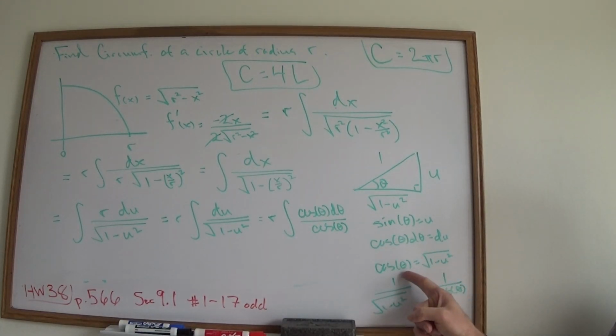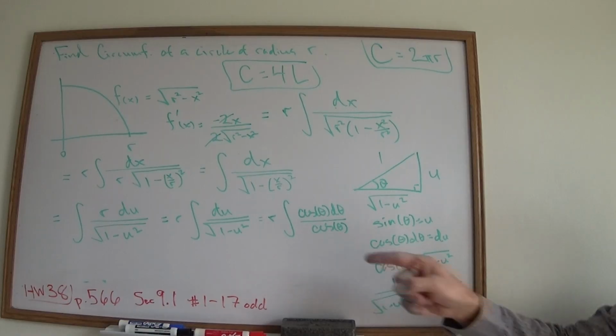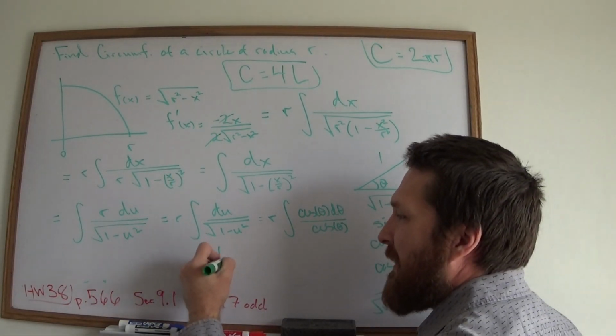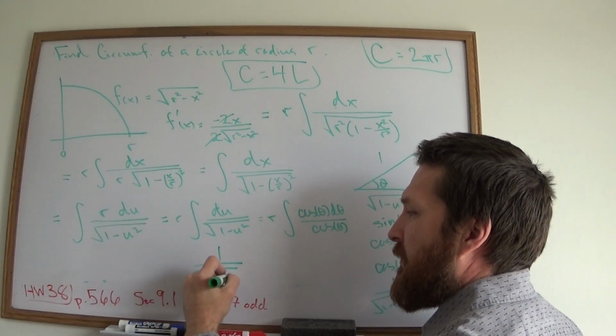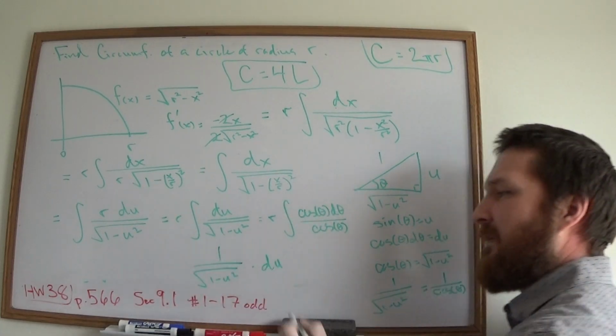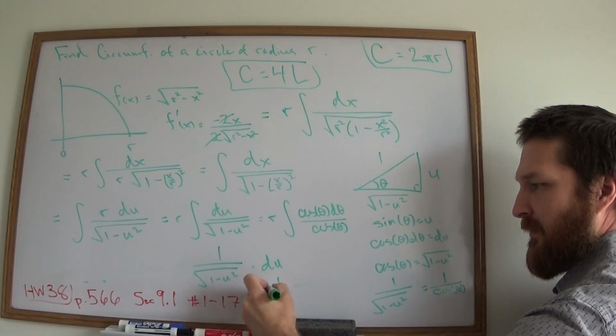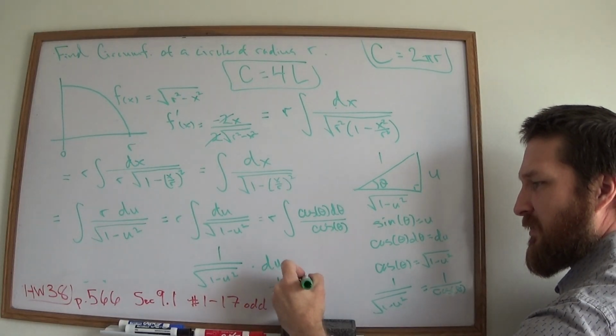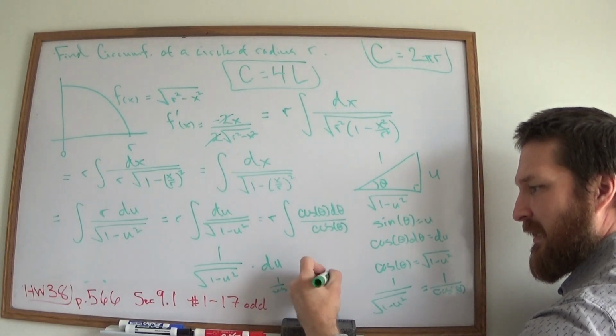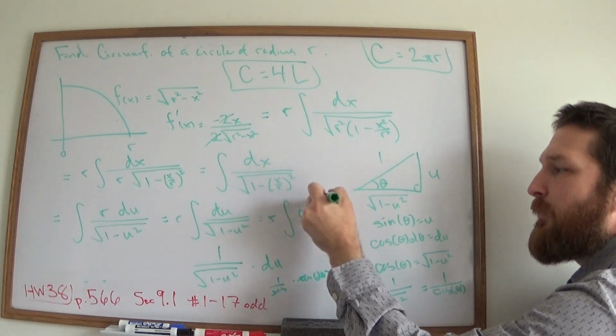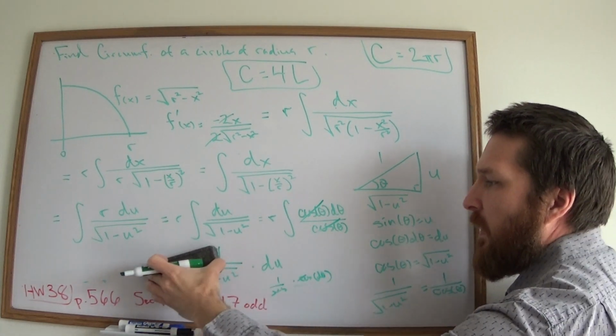That thing is cosine. Although the way that I usually do it is like this, and this is the way we've done it in class. Where I say, okay, that part's the 1 over cosine. And then the du is cosine d theta. They cancel. At any rate, they cancel.